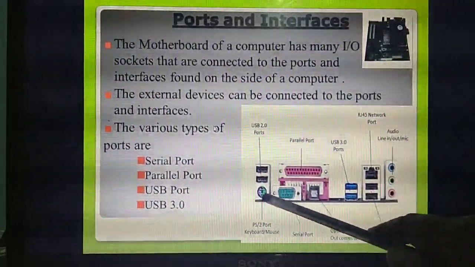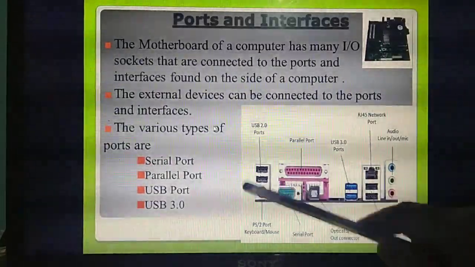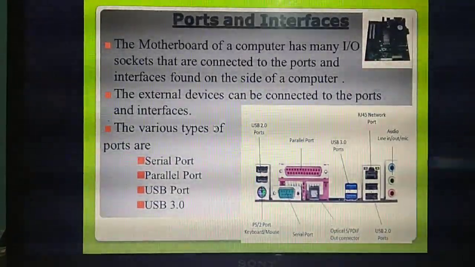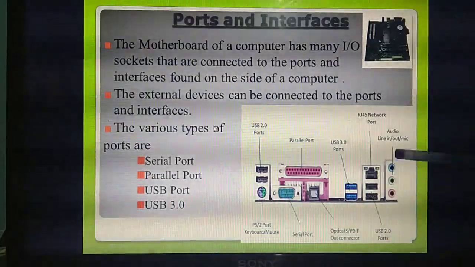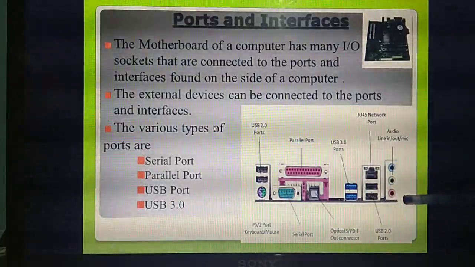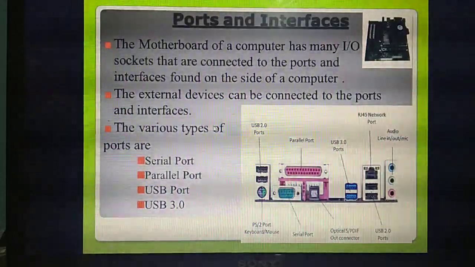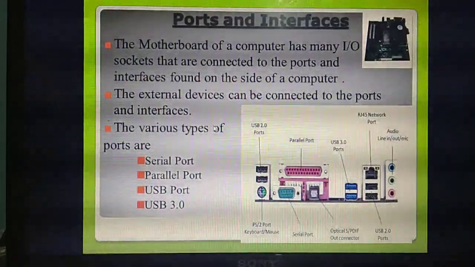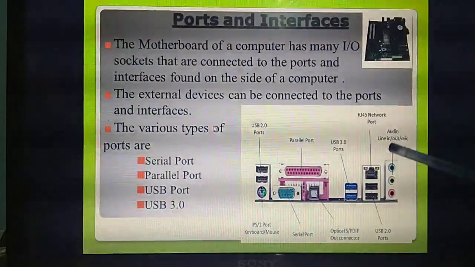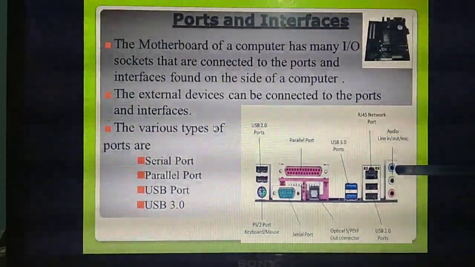Have you seen this blue color, white color, pink color? Here you can plug in speakers, woofers, and headphones.